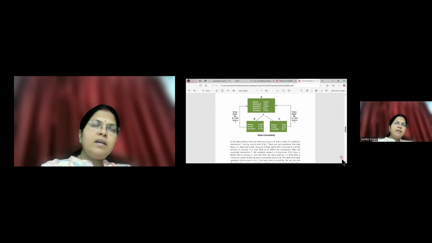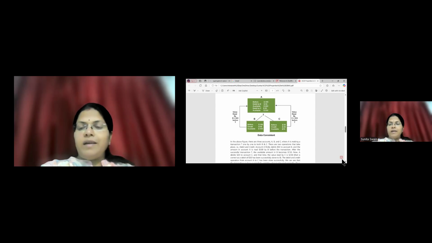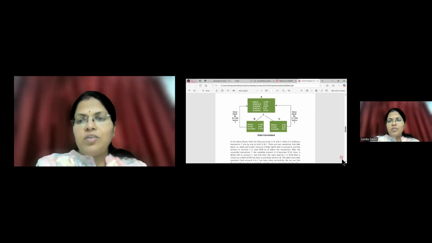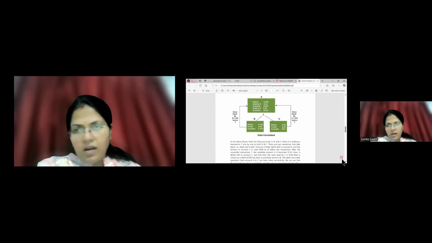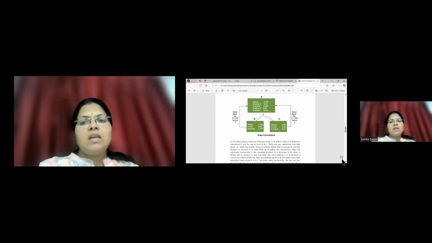So the database is consistent in nature, means whatever transaction we are making, it must get updated in the master database instantly, or within the actual stipulated time period for this kind of transaction, accordingly.